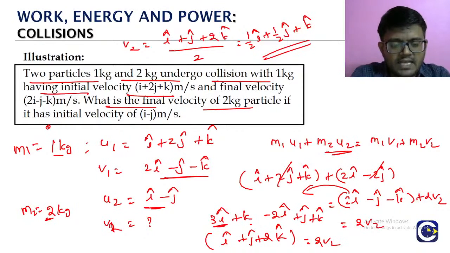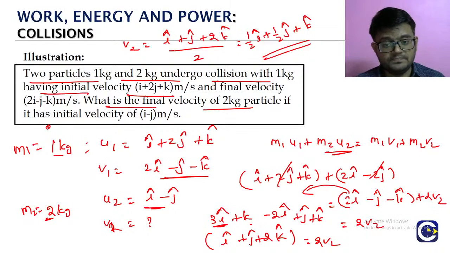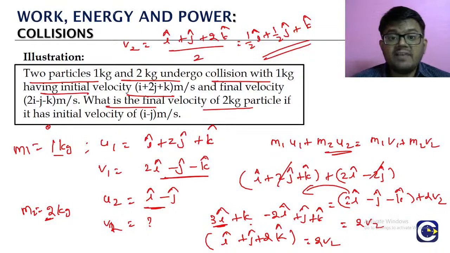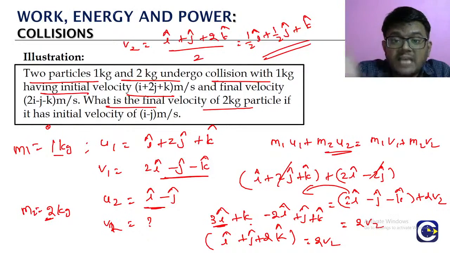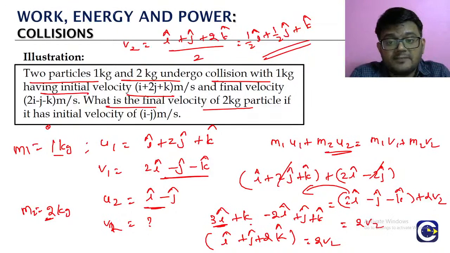But note that for any type of collision, we can apply the conservation of momentum. Conservation of total energy, we cannot apply, because for the different types of energy we will not have a formula. See, how do you put a formula for the sound energy?